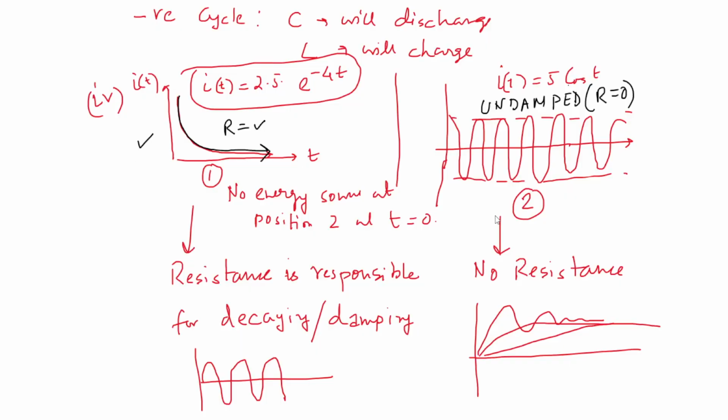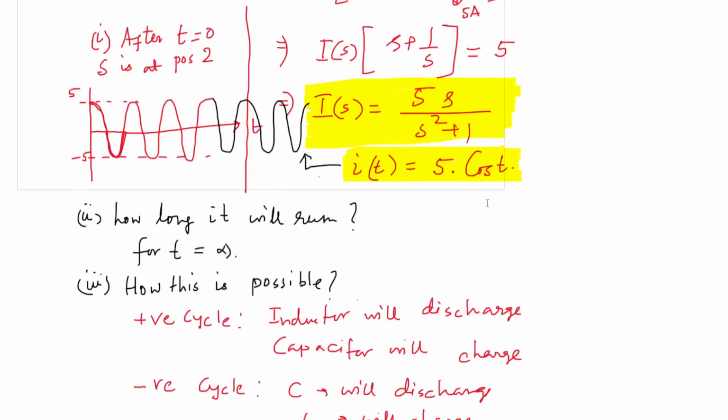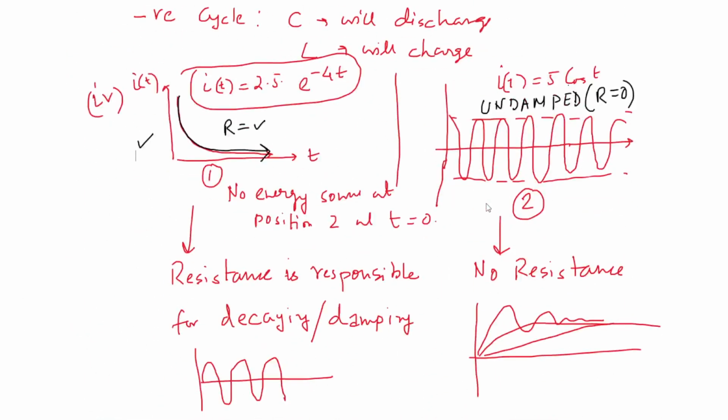And undamped means there is no damping, so there must not be any resistance present. That is why we have seen this pattern: neither increasing nor decreasing. It maintains its profile for t equal to infinity. So with this problem we have understood a few very important observations. This is a very excellent problem.